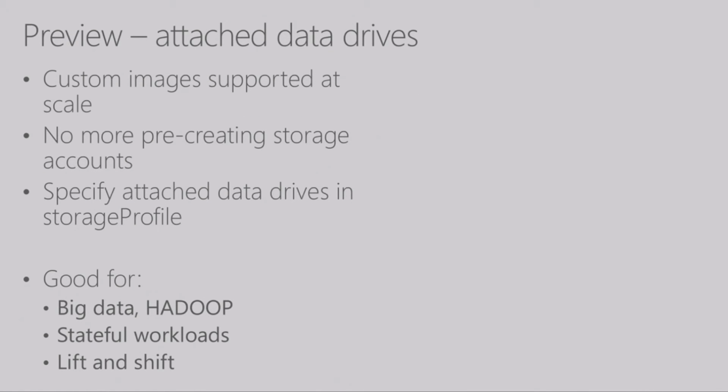Should be very exciting. One other thing I would like to cover is attached data drives. This is critical for workloads like big data workloads, Hadoop, for instance, stateful workloads that write a lot of data to disk and need to store terabytes on a single VM, and also lift and shift scenarios where you might have an on-premise application that expects to find a data disk on the VM.